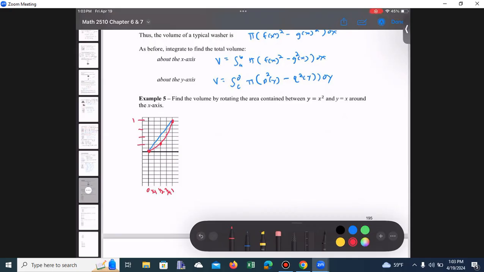We have this little region there where they're not the same, and that's going to be rotated onto the other side, creating this kind of volume where that center piece is being taken out.